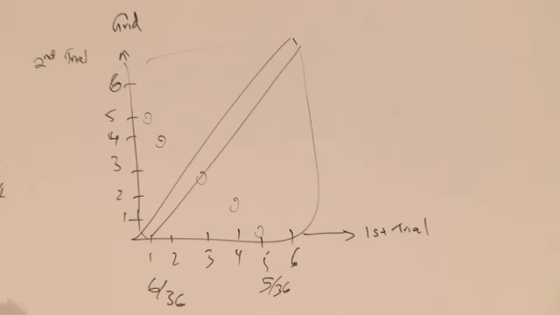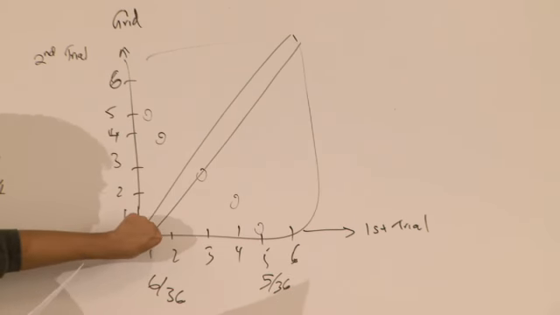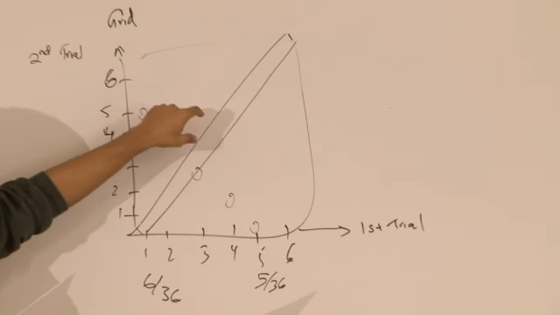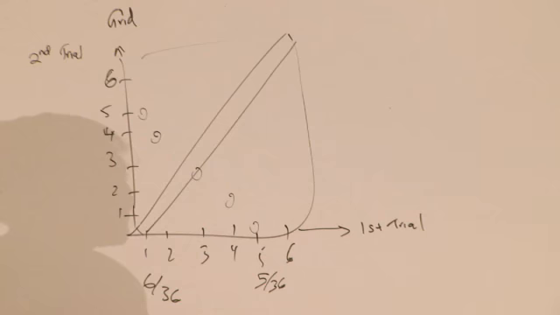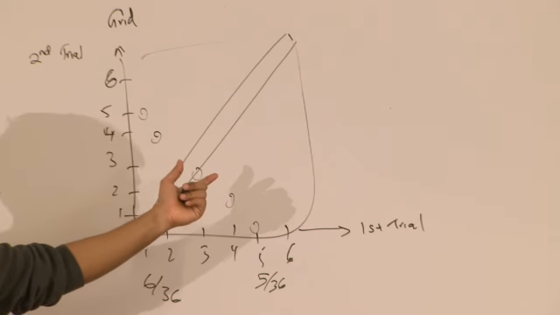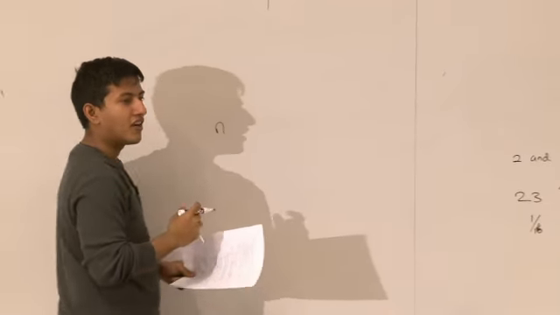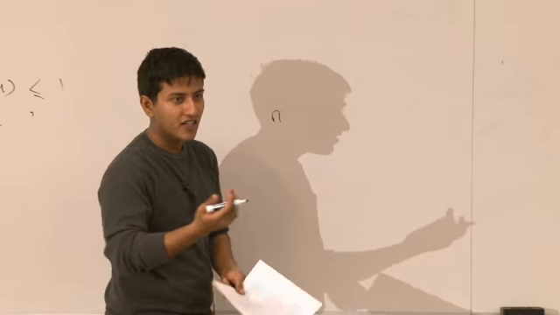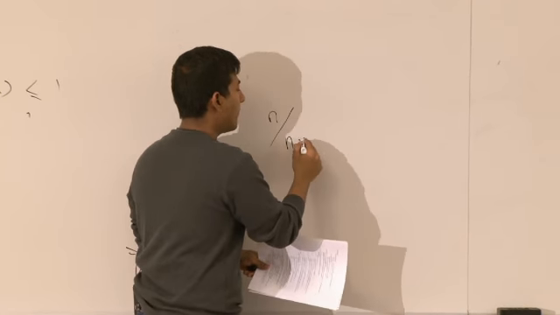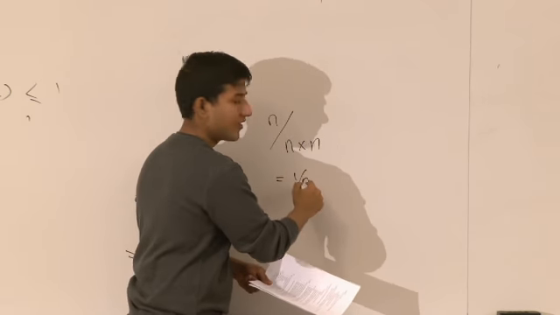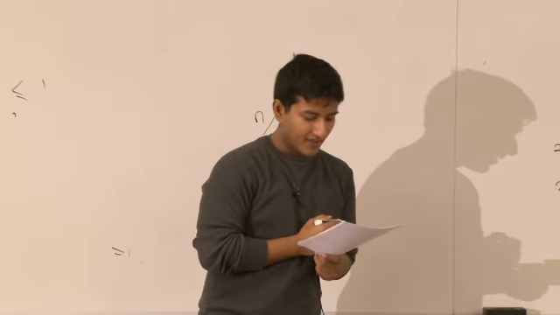There are 4 possible outcomes: it could be 1, 1, or 2, 2, or 3, 3, or 4, 4. And if it's an n-sided dice, it will be n. So there are n desired outcomes, and there are totally n by n outcomes, so we get 1/n probability.